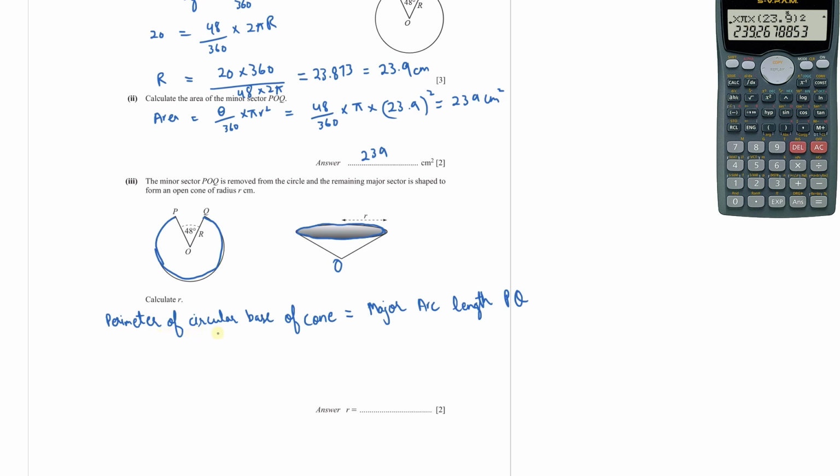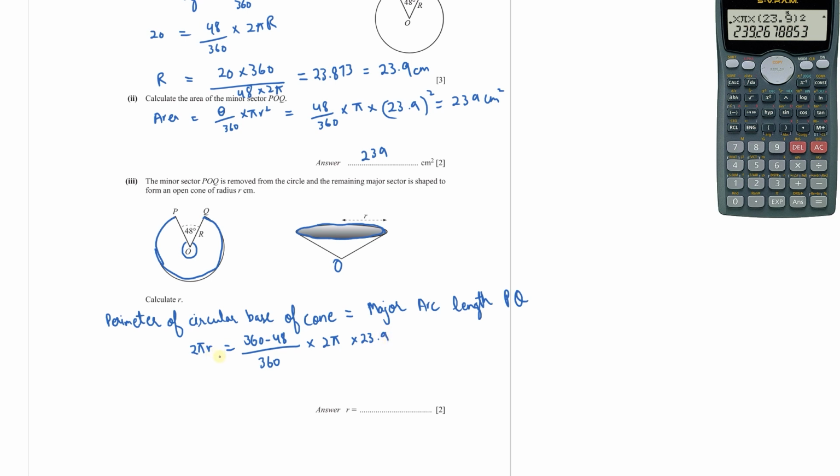So the perimeter of the circular base of the cone is what? 2 pi into this small r. And what is the arc length of this major sector PQ? It is 360 minus 48 degrees. So this angle here is 360 minus 48, this one up till this point. So this is 360 minus 48, the angle of the major sector, divided by 360 into 2 pi. And this capital R is what we found in the first part, which is 23.9.